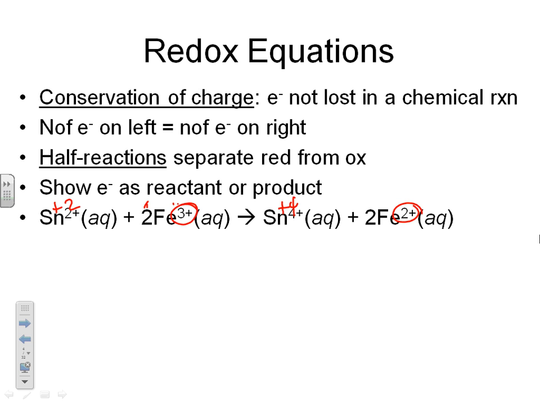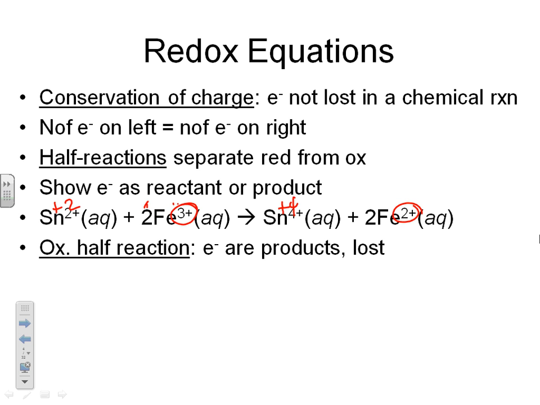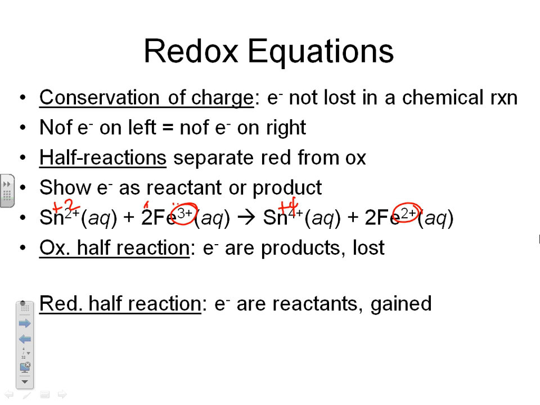So for oxidation, where electrons are being lost, versus reduction, where electrons are being gained, the tin is losing electrons, because that's how it's going from that +2 to the +4 charge. It has to lose 2 electrons. So in order to indicate that electrons are being lost, electrons are products.